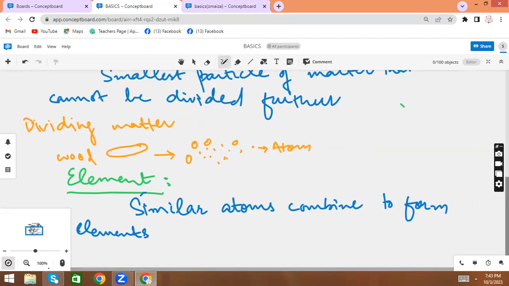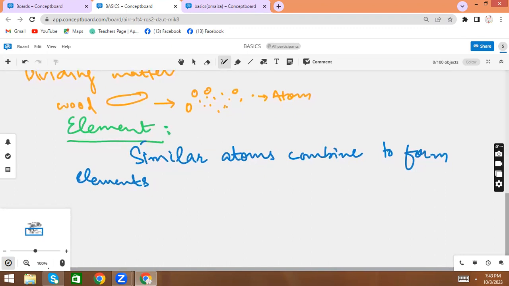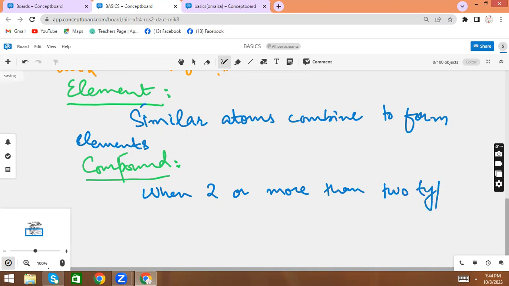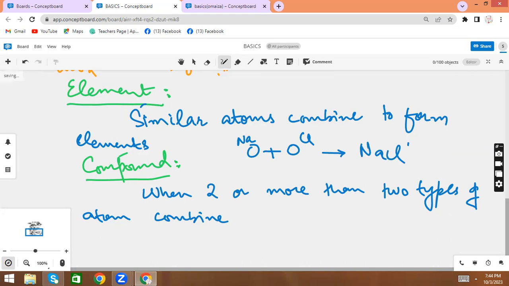Okay, then we have compound. So when two or more than two types of atoms combine, like one is Na and the other atom is chlorine, when they combine and form sodium chloride, this is a compound.